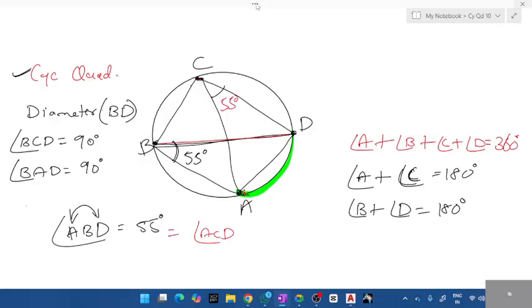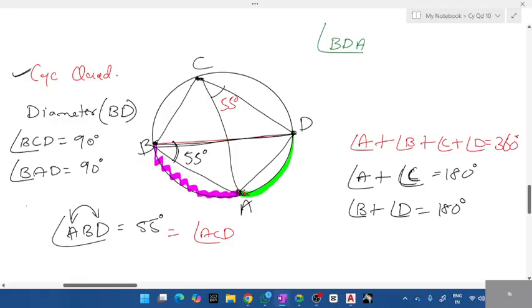Fine. Now I want you all to find the value of angle BDA. Yes, find the value of BDA, students. See, first look at BDA as an arc. Which one will be the arc for BDA? BA is the arc.